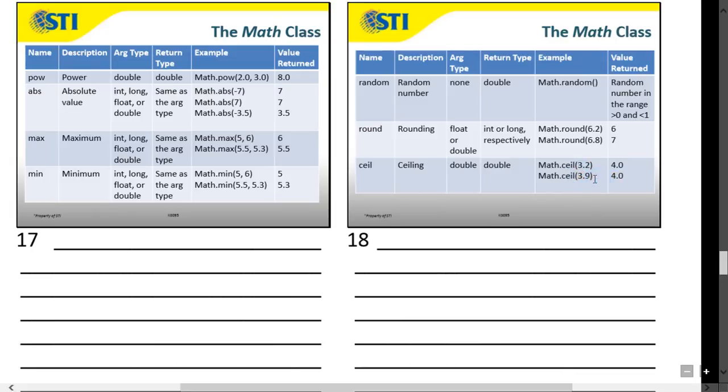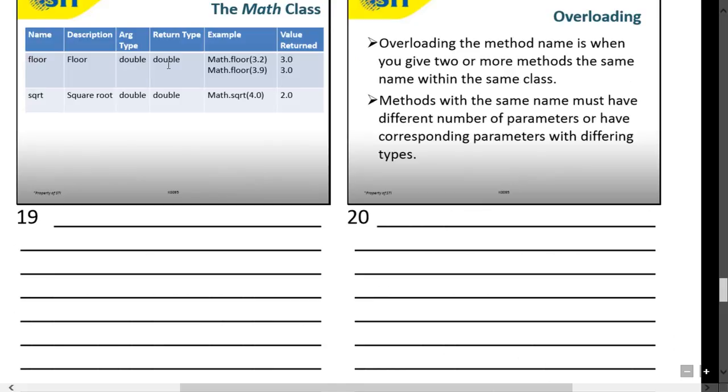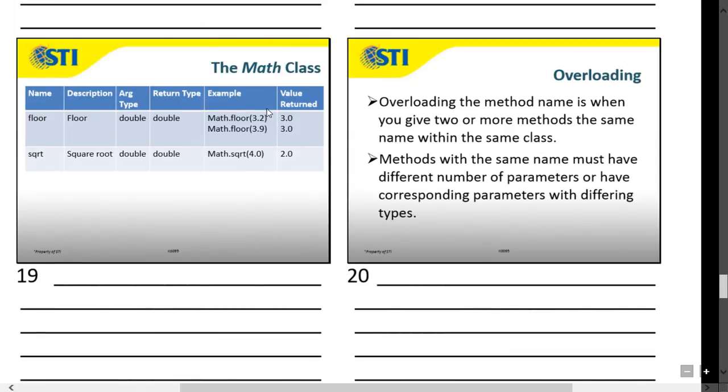Okay, so that is ceil, while the floor is the opposite of the ceil, because whether the decimal of the number is less than or greater than 5, it will always give us the lowest possible value of that number, which is 3.0. Whether it be 3.2 or 3.9 or 3.99, as long as it is a decimal, it will just disregard all the decimal and make this the return value with the 0.